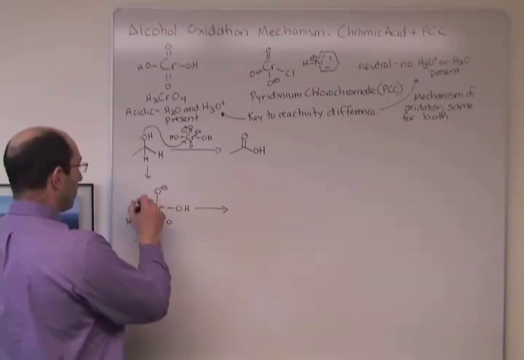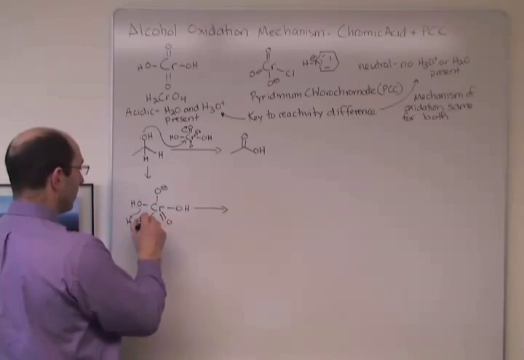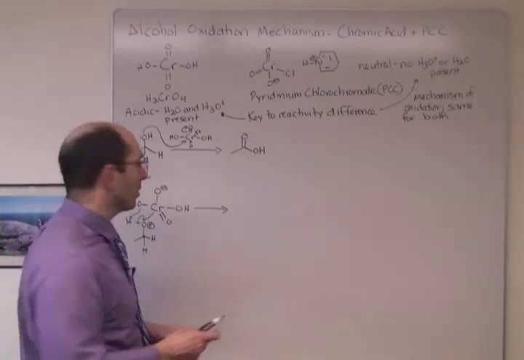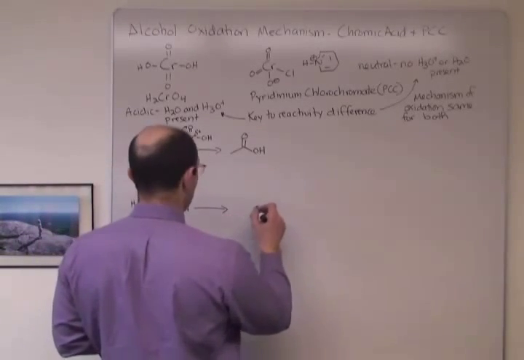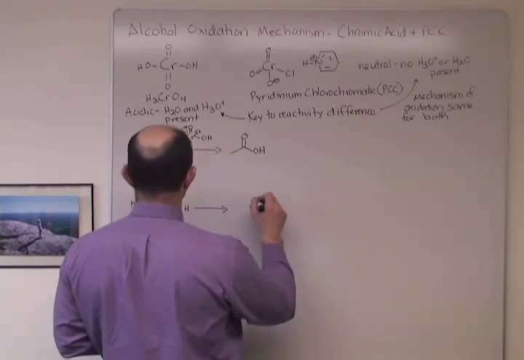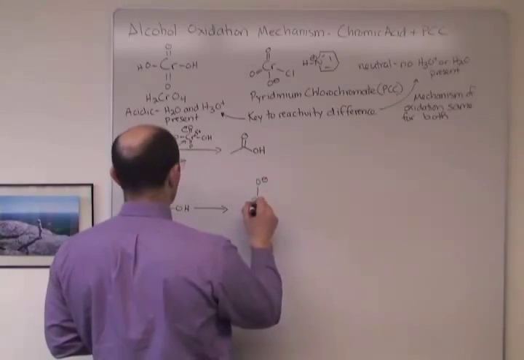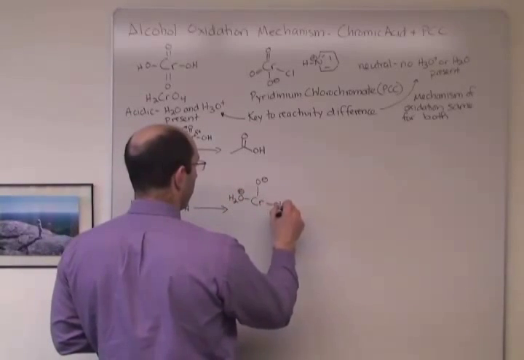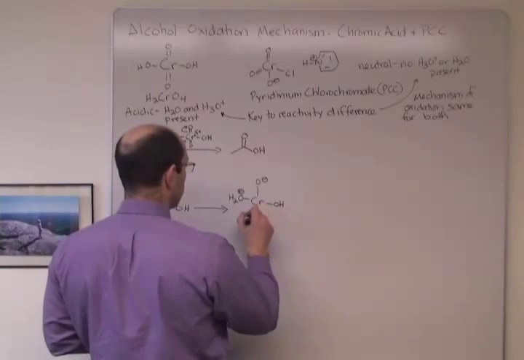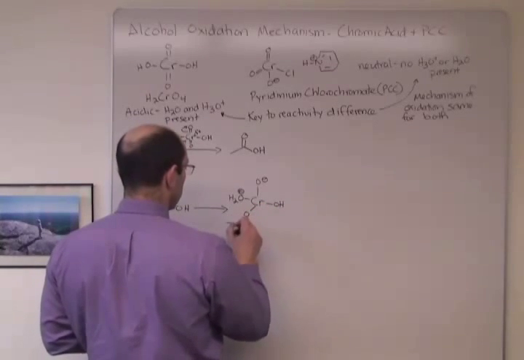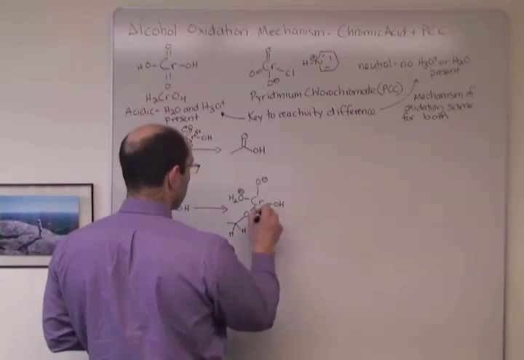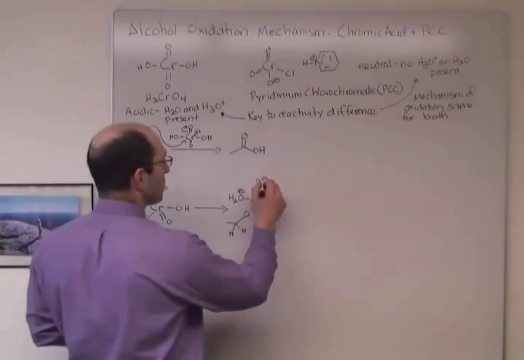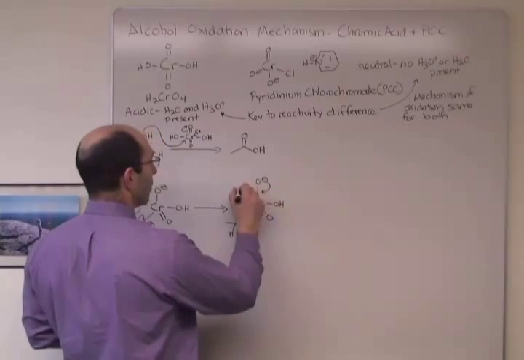We can now get a proton transfer reaction, right, where a proton moves from what started as the alcohol onto one of the alcohols on chromium. Right, and what will that give us? We get to that intermediate. Now in this position, or in this spot, we can lose water.